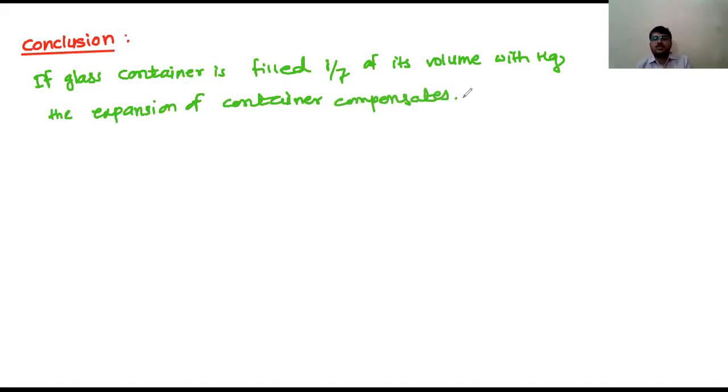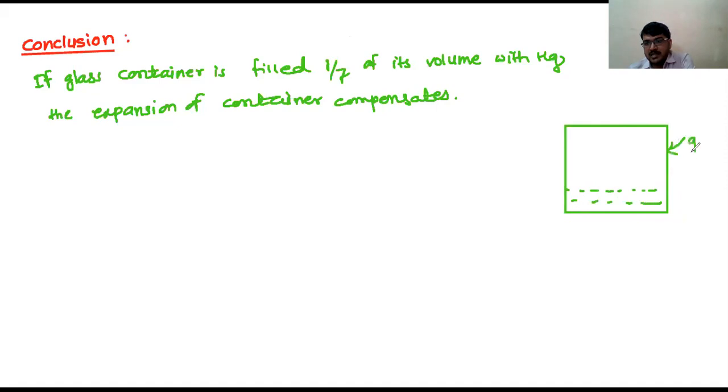Yes, so what we have to do is fill 1/7 part of the container with mercury, and then we have to fill the liquid. How is it? You can see here, I will make a small diagram. So here, suppose this is 1/7 part and this is glass, and this is only for a glass container, keep it in mind.